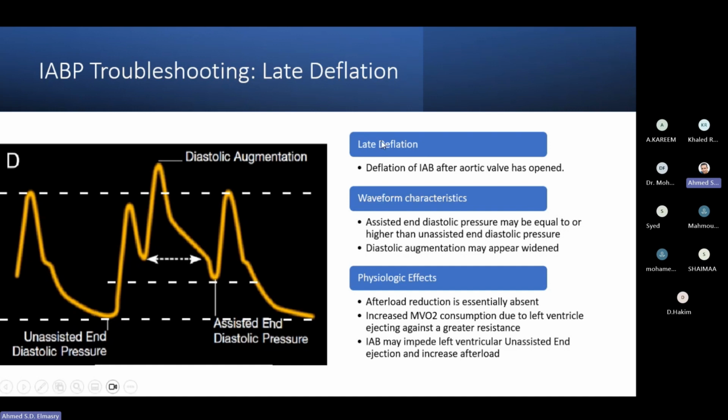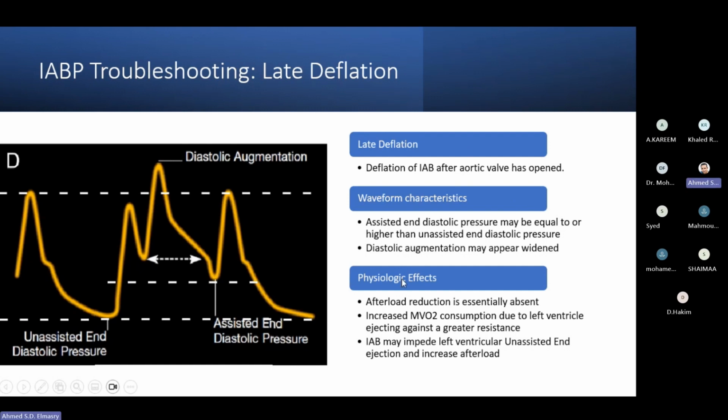became very late? That means the deflation of the intra-aortic balloon happened during the systolic phase, meaning the deflation happened after the aortic valve opening.